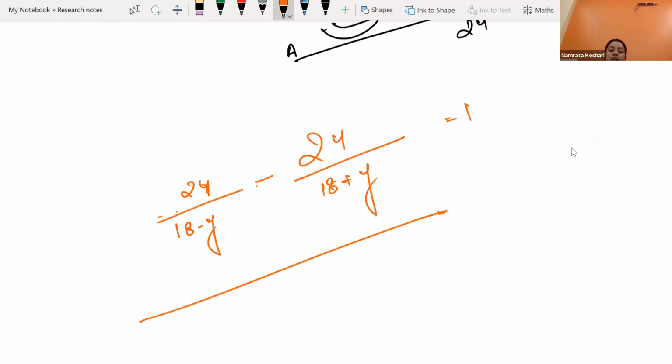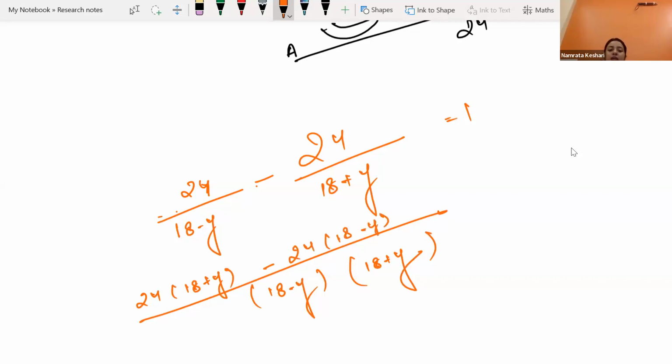We'll be taking the LCM. That is, LCM will be, who will say? Is it 18 minus y, 18 plus y? Here we'll be having 24 multiplied with 18 plus y. Here we'll be having 24 multiplied with 18 minus y is equal to 1.